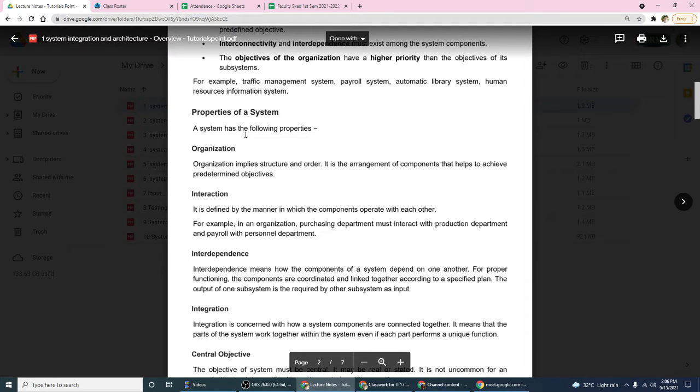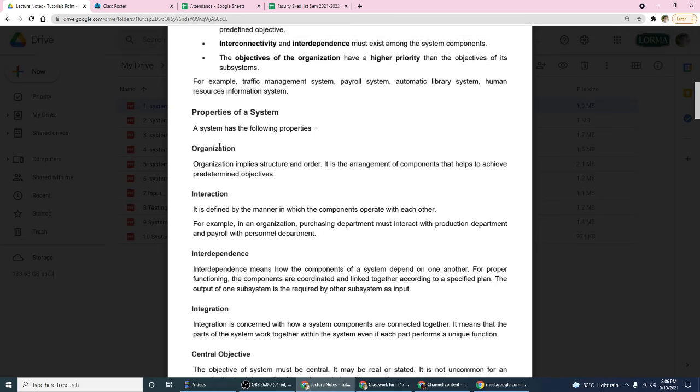So, properties of a system. The system has the following properties. First, the system should have an organization. An organization implies the structure and order. It is the arrangement of components that helps to achieve the predetermined objectives. We have the interaction.